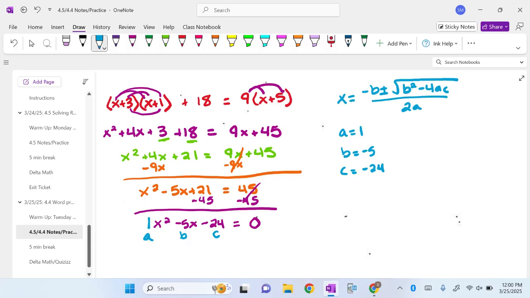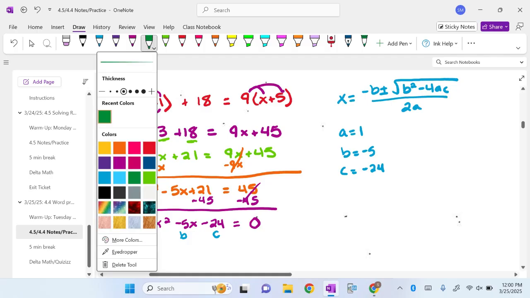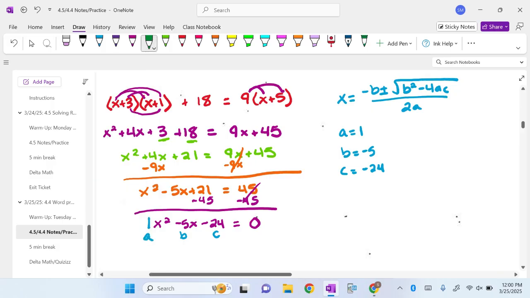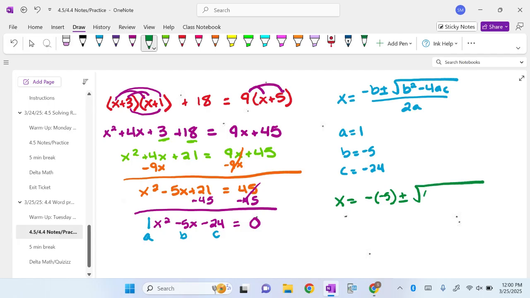Now, I'm just going to put everything in the formula, but I'm not going to evaluate anything. So x is equal to negative b, which is negative 5, plus or minus the square root of negative 5 all squared minus 4 times a, which is 1, times c, which is negative 24, all over 2 times a, which is 1.